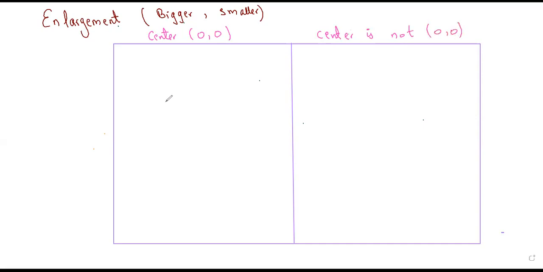So you would see some similarities here, just like we did in rotation. If the center is 0, 0, you would have three object coordinates, whatever the shape is, you know how to find the coordinates of the endpoints.